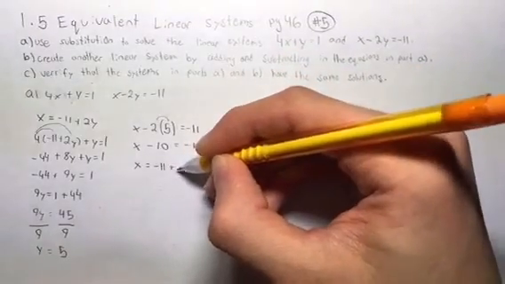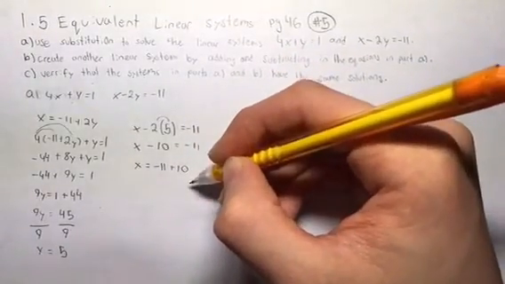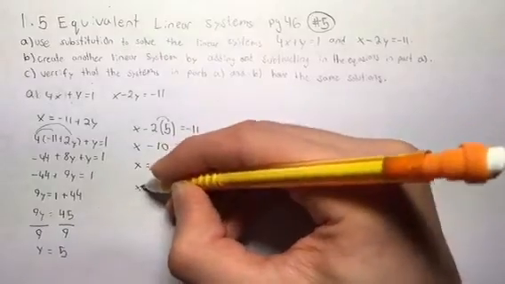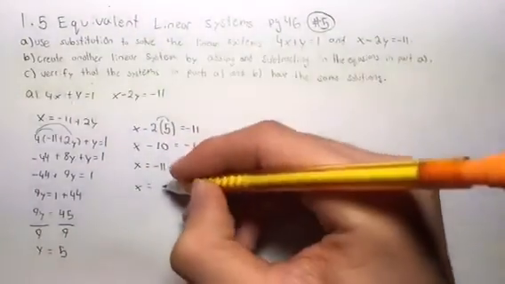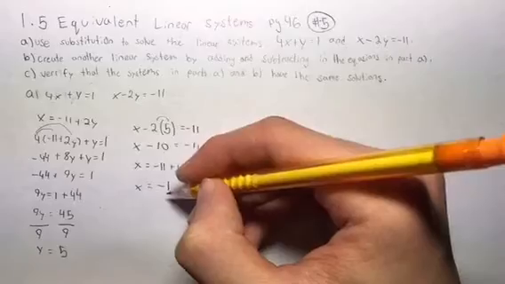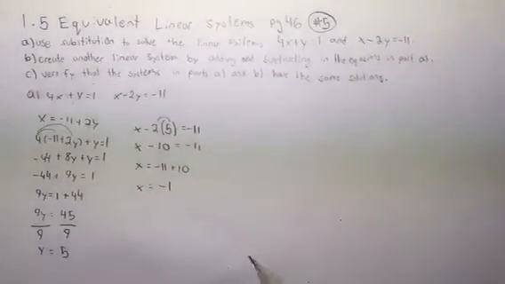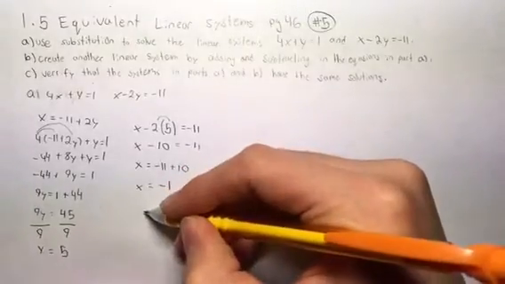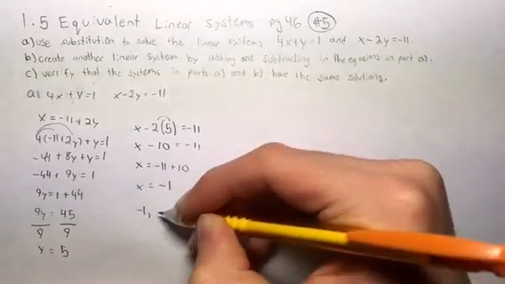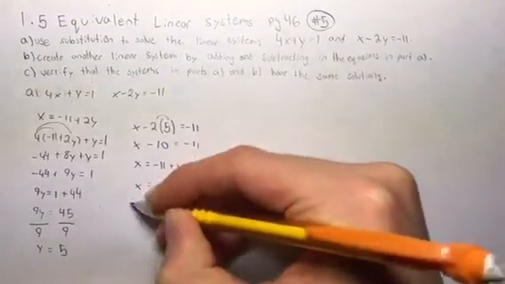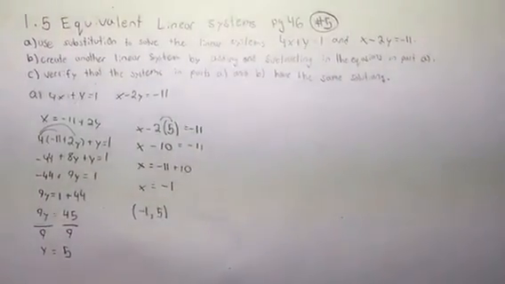So it's positive 10. Okay, so x equals negative 11 plus 10, which equals negative 1. Okay, so now that we have solved the linear system and negative 1 and 5 is our answer, we now need to move on to B.